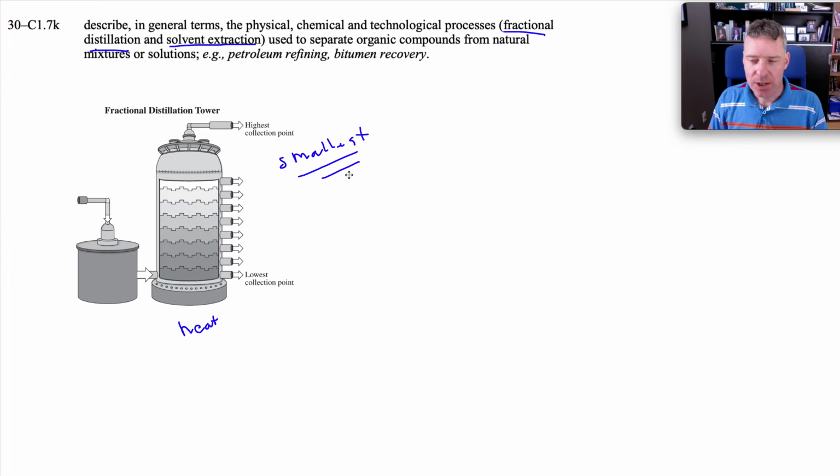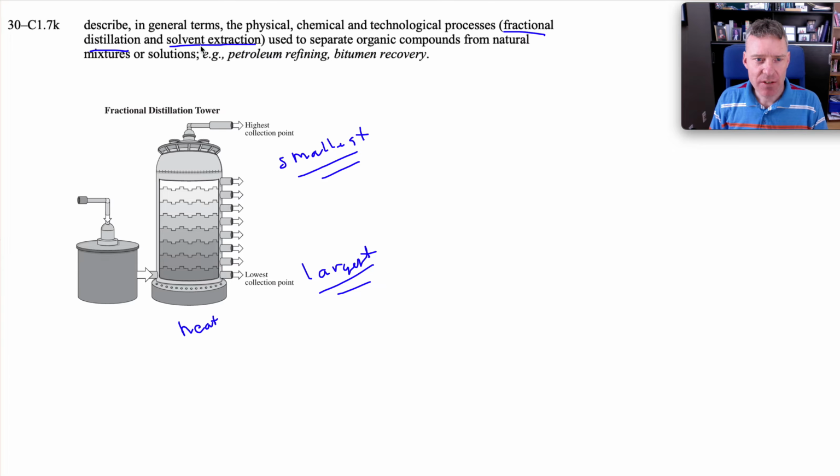The largest in size, with the largest London forces, will come out the bottom. Things like tars, asphalt, very large hydrocarbons will never even boil and they'll just melt and come out the bottom. So if you're given a list of hydrocarbons, you need to apply your boiling point properties.